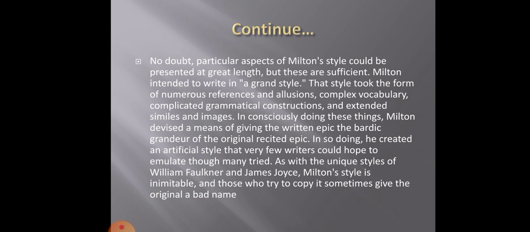In consciously doing these things, Milton devised a means of giving the written epic the bardic grandeur of the original recited epic. In so doing, he created an artificial style that very few writers could hope to emulate, though many tried. Like the unique styles of Faulkner and James Joyce, Milton's style is inimitable.